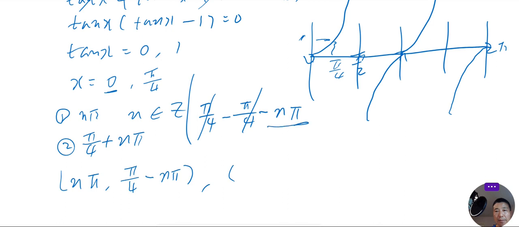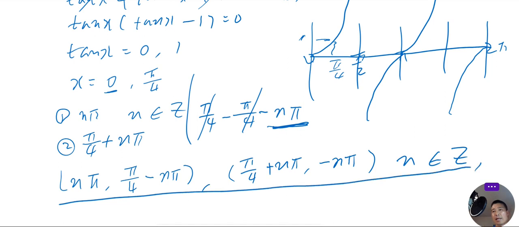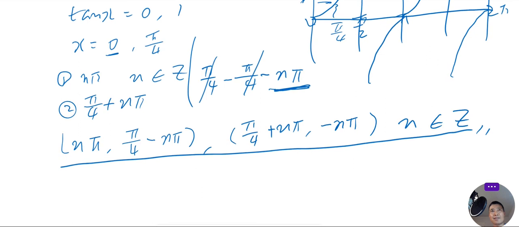So negative n pi is the y value when x is pi over 4 plus n pi. And you want to say n belongs to Z. That should be the answer.